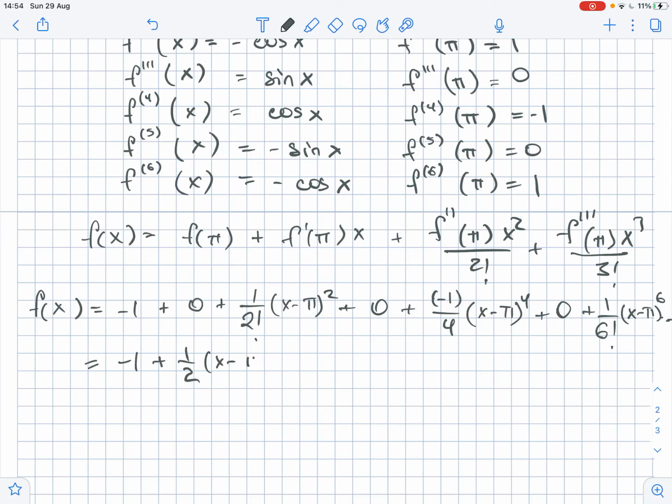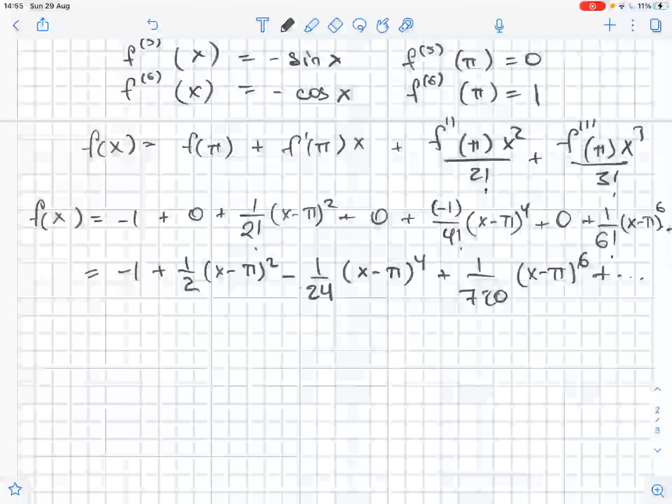Then let's simplify it: this equals negative 1 plus 1 over 2 times (x minus pi) squared plus negative 1 over 24 times (x minus pi) to the fourth power plus 1 over 720 times (x minus pi) to the sixth power and so on.